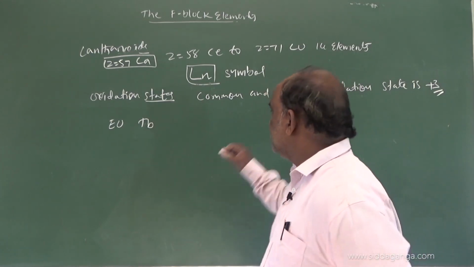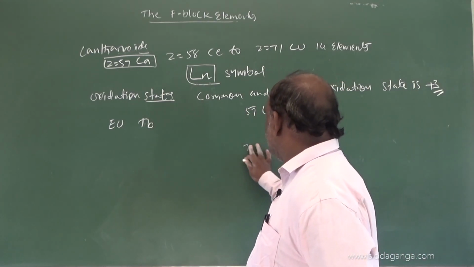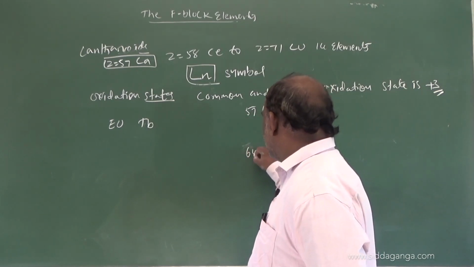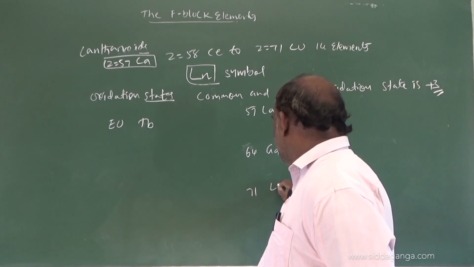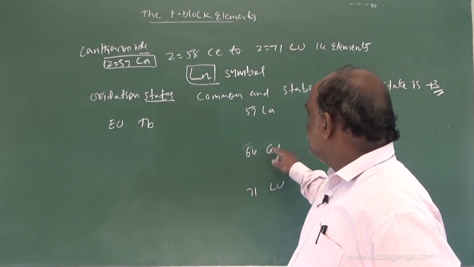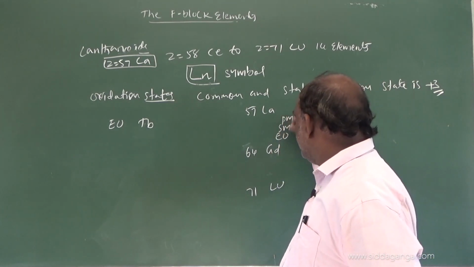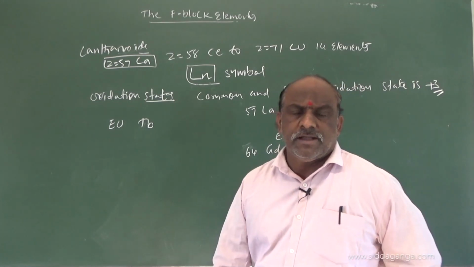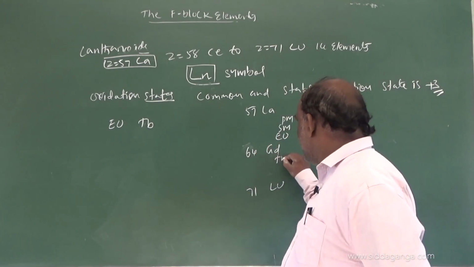Due to that, what I said: 57 lanthanum, 57 plus 7, 64 gadolinium, 71 lutetium. Before gadolinium I said 3 elements: europium, samarium, promethium. After gadolinium is terbium.